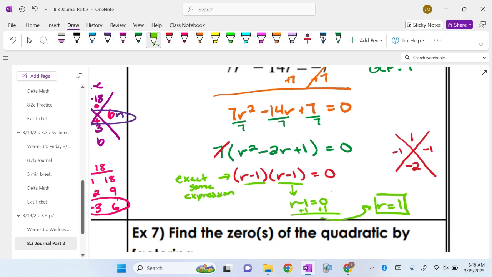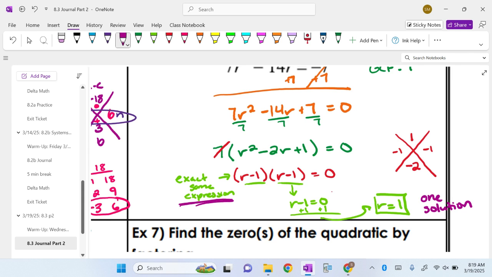So this particular quadratic only has one solution instead of two. The way you would get one solution is if you have the exact same expression after you factor. So both your factors are the exact same factor. That's how you end up with one solution.